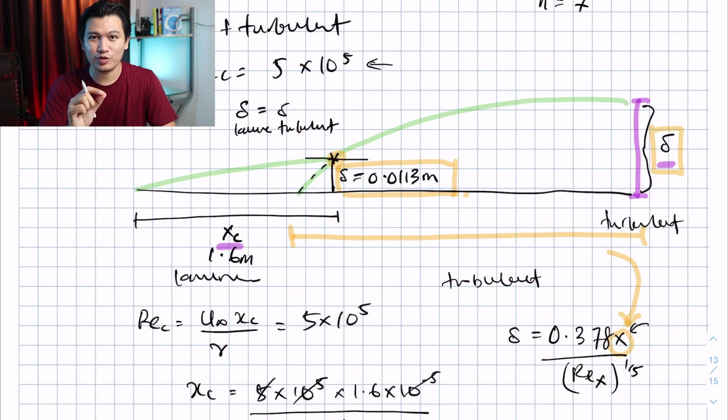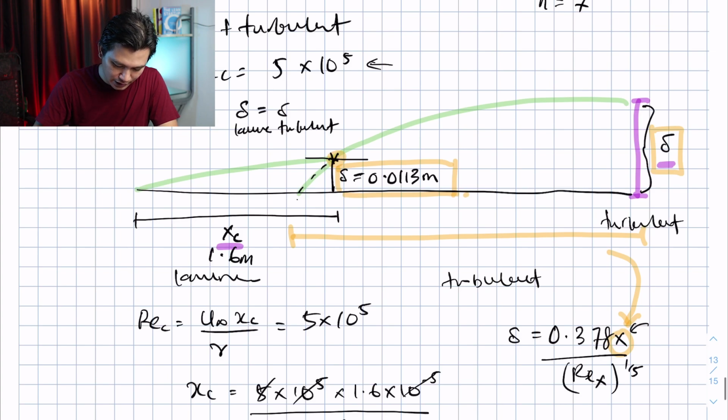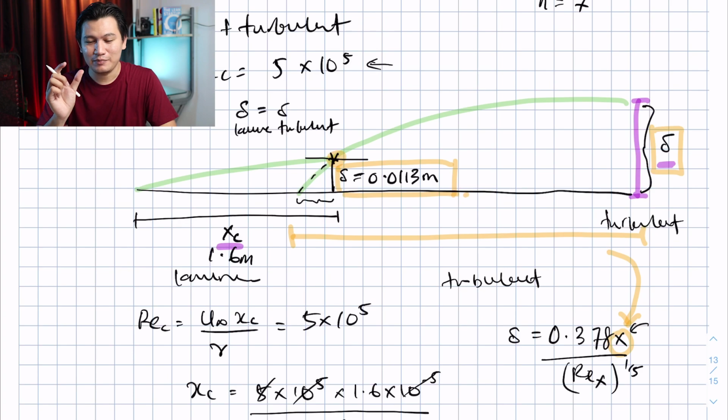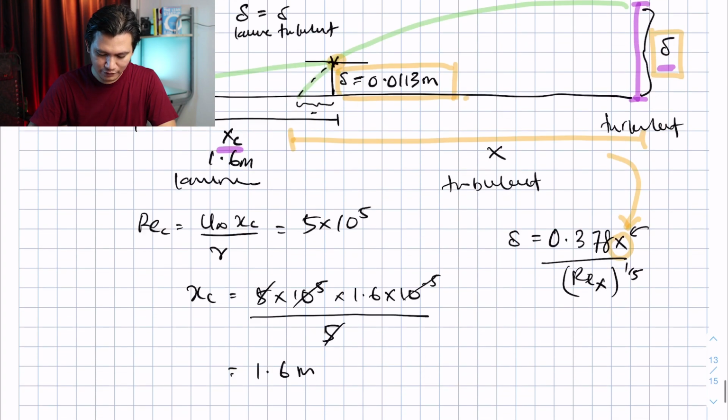When you have x, you can have del, and when you have del, you can have x. Now we already have del, and if we equate it with the turbulent equation, we get x for turbulent. We need that value in order to find this one, so let's try and find it.